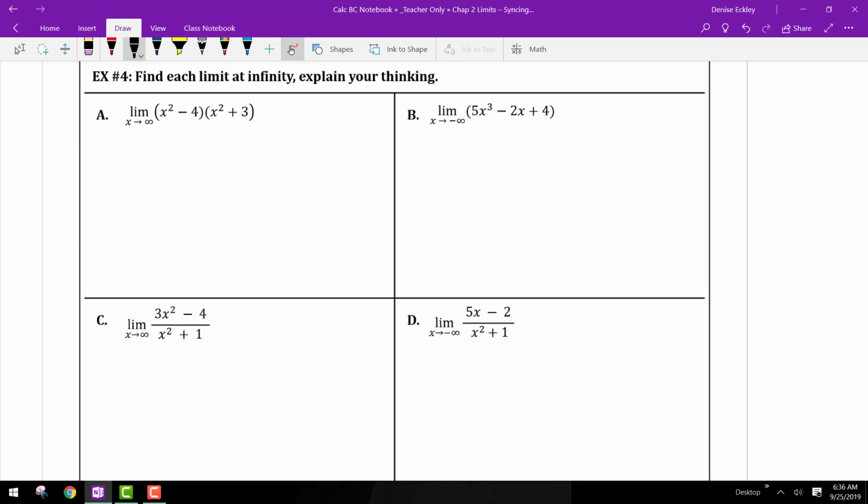For us, the highest degree is 4, so we have a 4th degree polynomial with a positive leading coefficient.